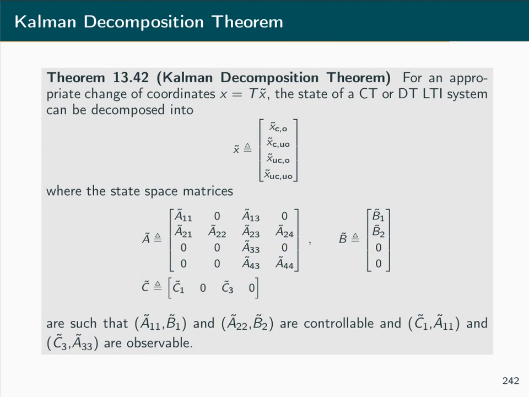And moreover, the appropriate pairs A tilde 1 1, B tilde 1 and A tilde 2 2, B tilde 2 are controllable, and the appropriate pairs C tilde 1, A tilde 1 1 and C tilde 3, A tilde 3 3 are observable. So this theorem is a generalization of the controllability decomposition and the observability decomposition. It's kind of intuitive and the proof is omitted.